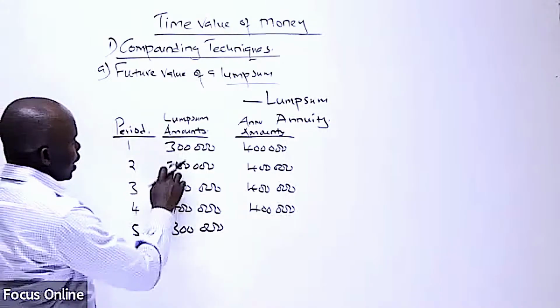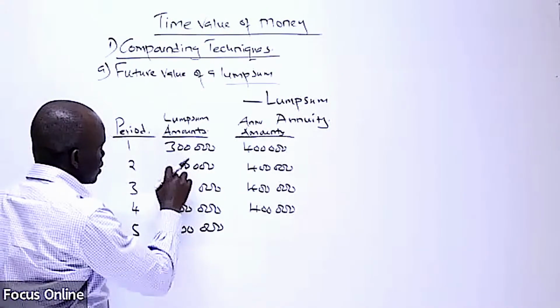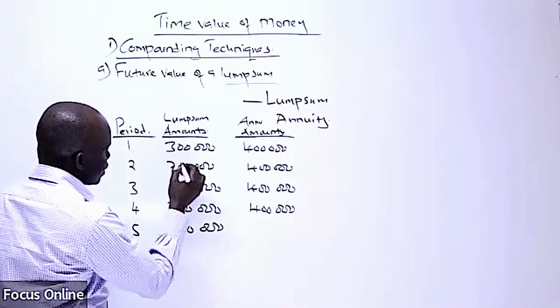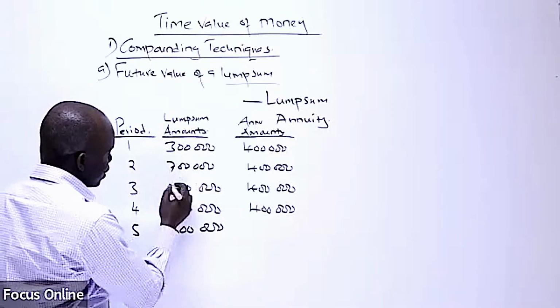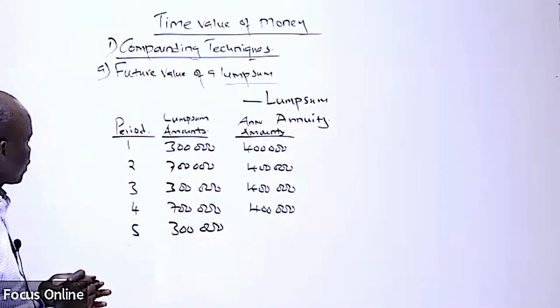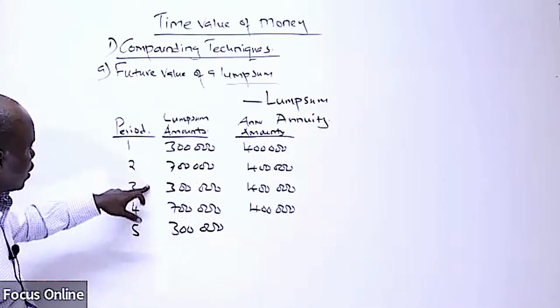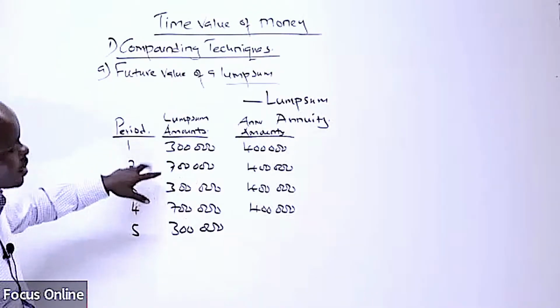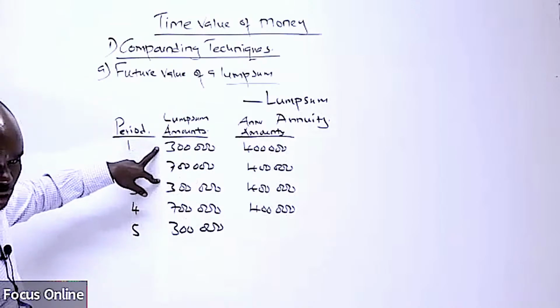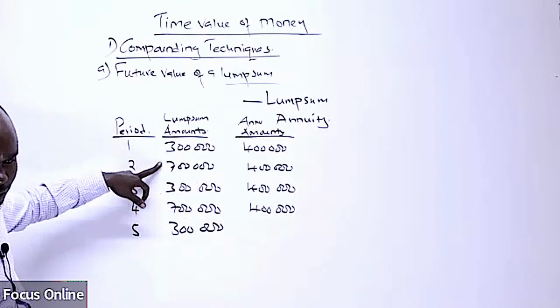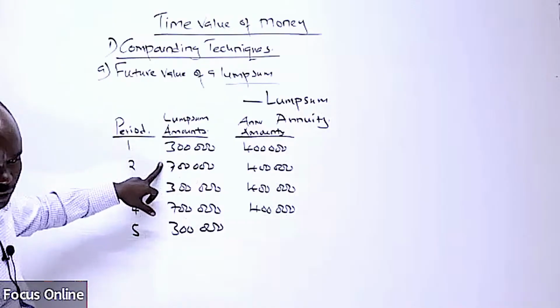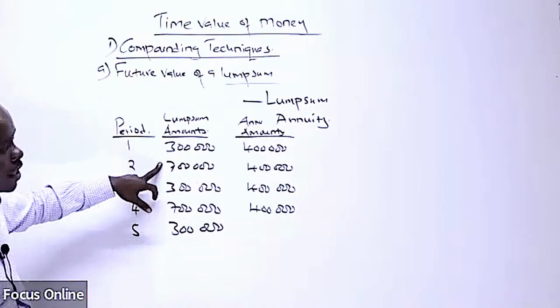But if, for example, here we have 700,000 and here we have 300,000, so in year 1 and year 3 we have 300,000, these are not annuities, they are lump sums because in between them there is a figure that is different from them. I want to believe that is very clear.